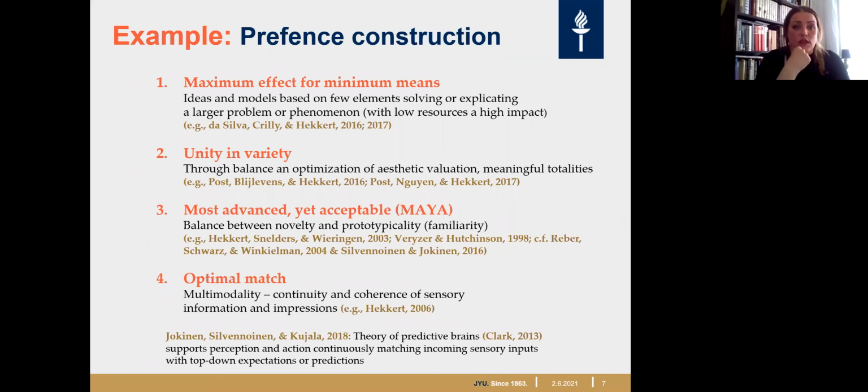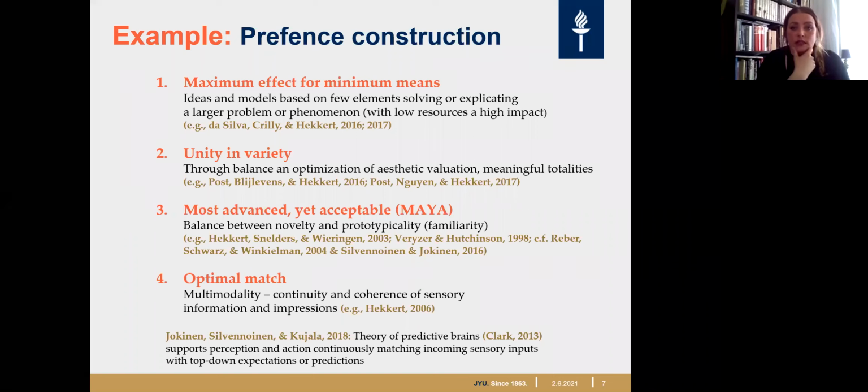The second one is unity in variety, and it's more on the perceptual level, usually utilized, for example, in design practices in the surface level of the objects. And it optimizes the balance between unity and variety.